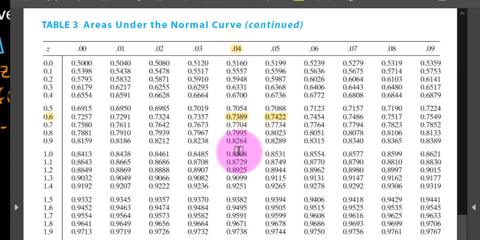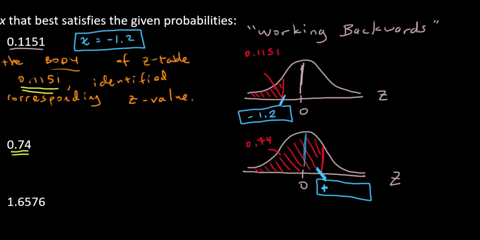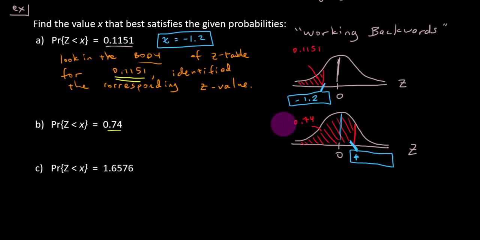Our z value, our x I should say, is positive 0.64. Let's write that down. X is positive 0.64.